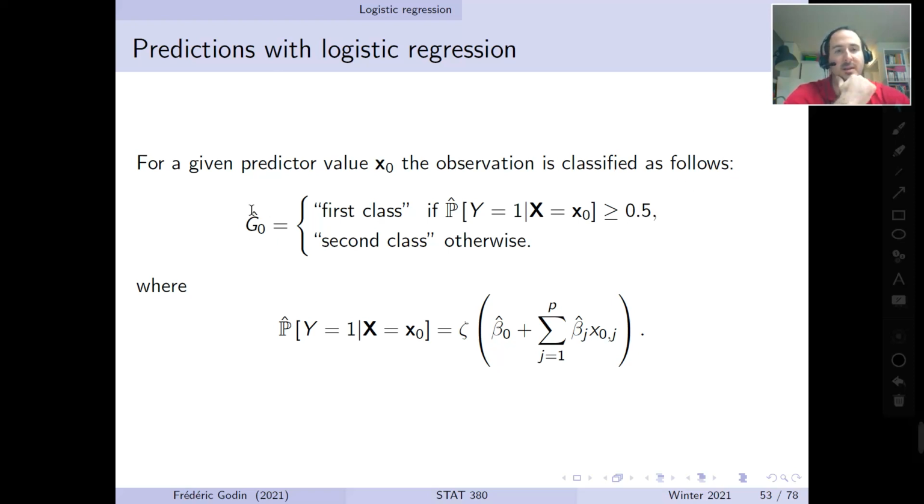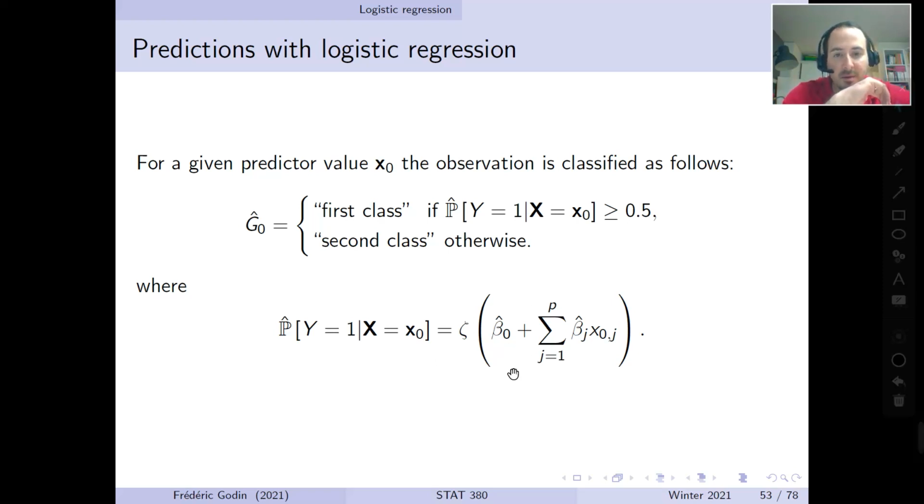Its class is predicted to be the first class, so y is equal to 1, if the estimated probability is large enough. This estimated probability is basically the inverse link function applied to the linear combination of predictors, but the hat means that we substitute the betas by their estimates. So this is our estimate of the probability.